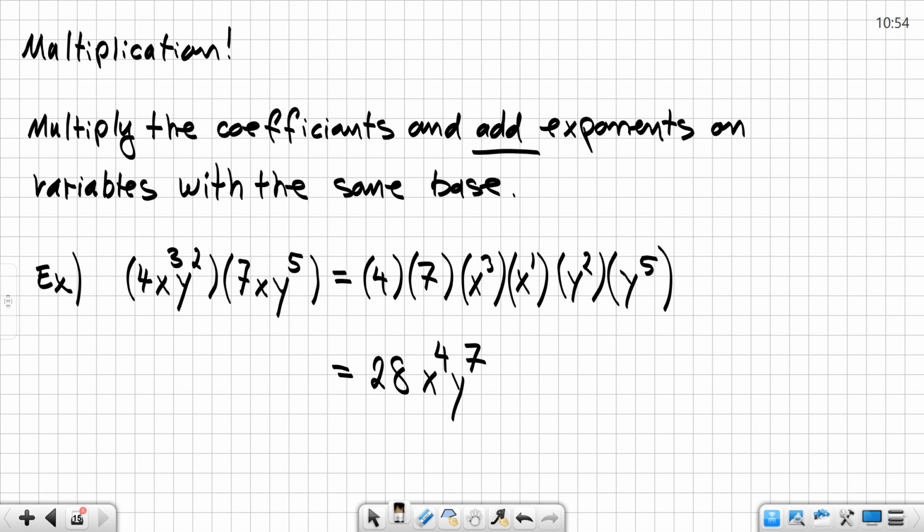So when I'm adding polynomials, I do not change the exponents, but when I multiply, then for variables of the same base, you will add the exponents.